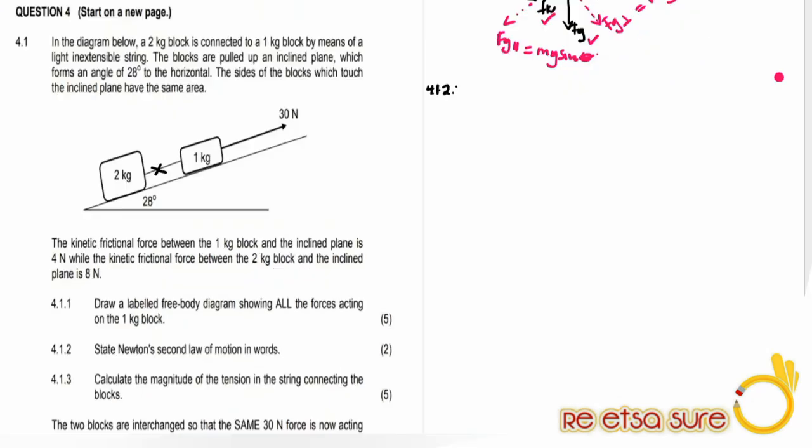4.1.2. State Newton's second law of motion in words. My beautiful learners, when you state the law or when you define the terms, please make sure that you get the definition or the laws from the examination guideline.